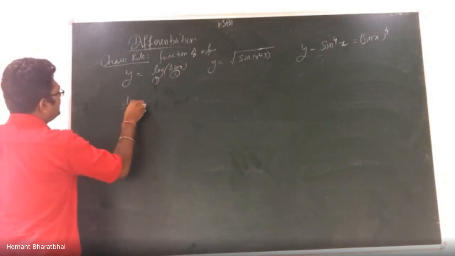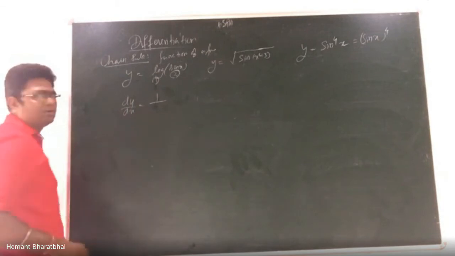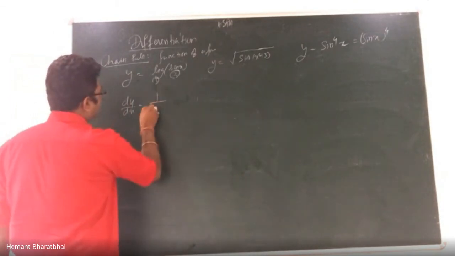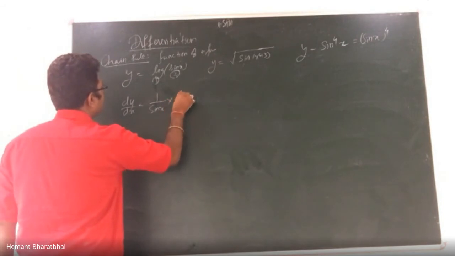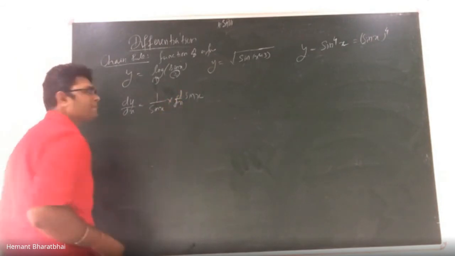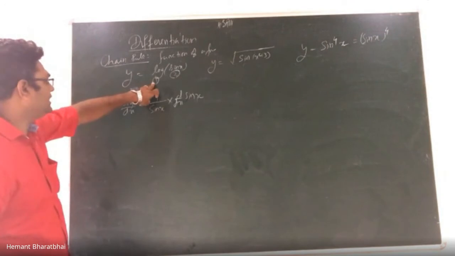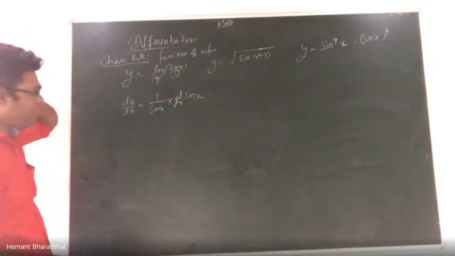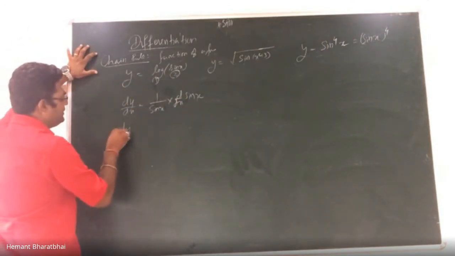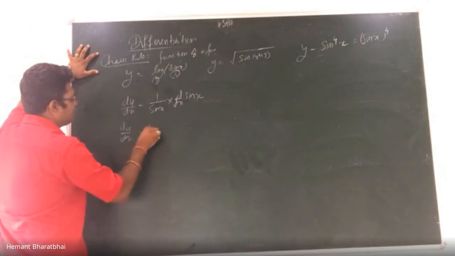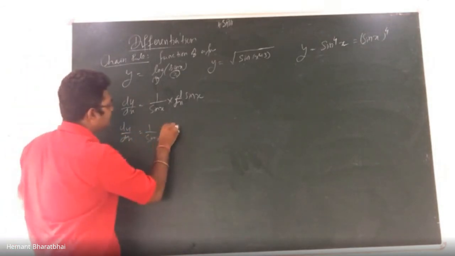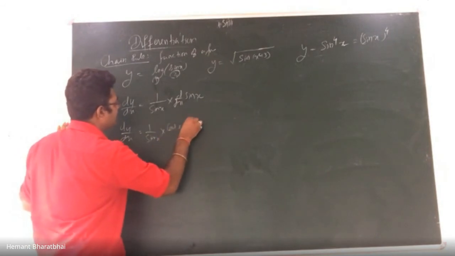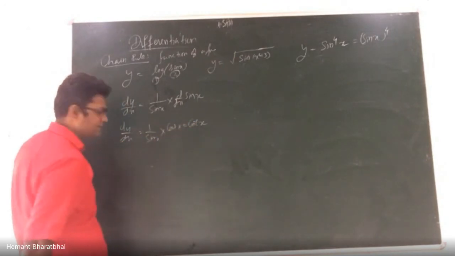So dy by dx is equal to the derivative of log x, which is 1 by x, so that will be 1 upon sine x into the derivative of sine x. So first I took the derivative of log, and now I am taking the derivative of sine x, which is cos x. So cos x by sine x is going to give me cot x.